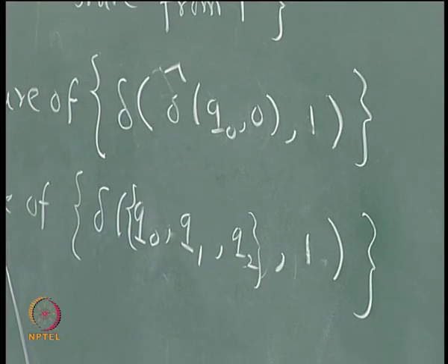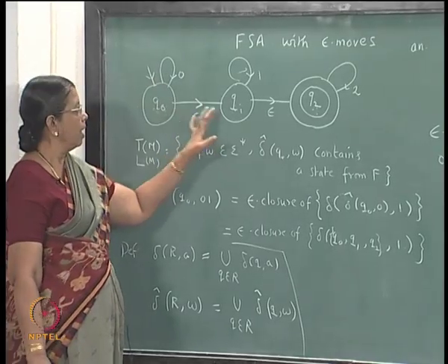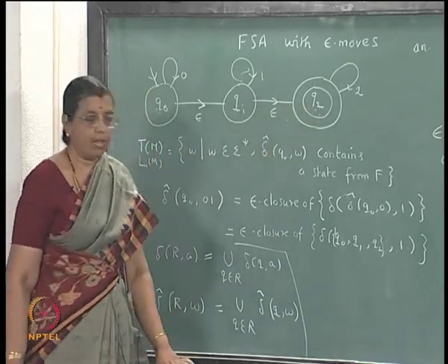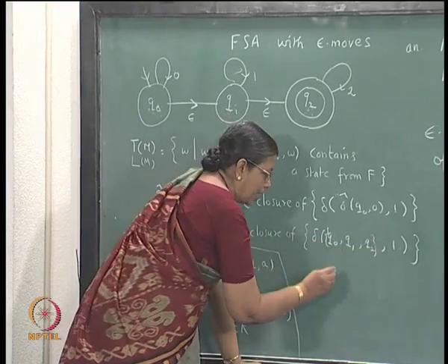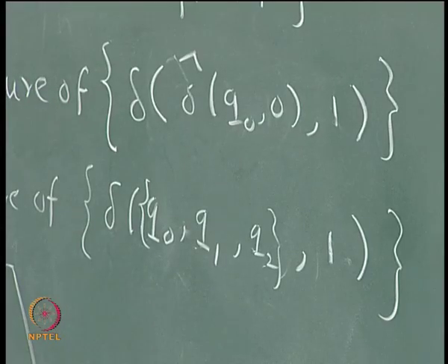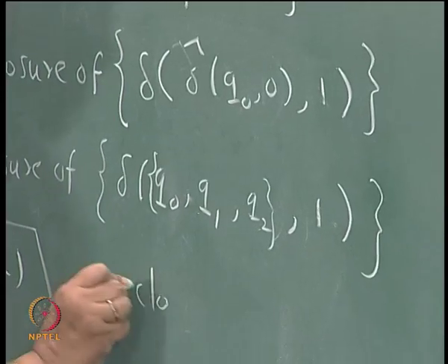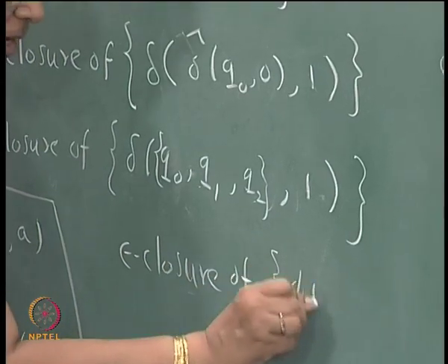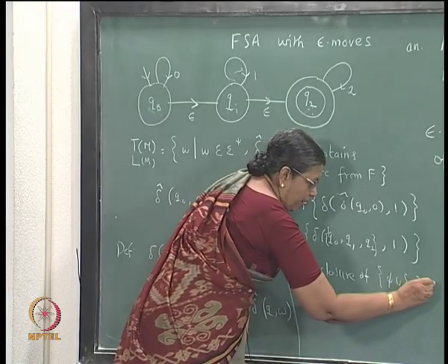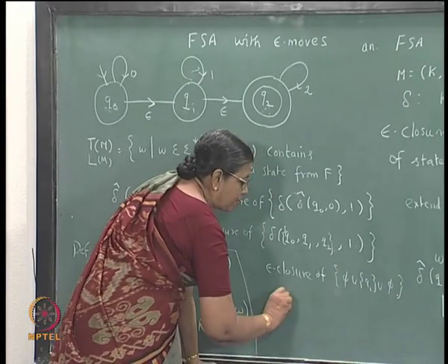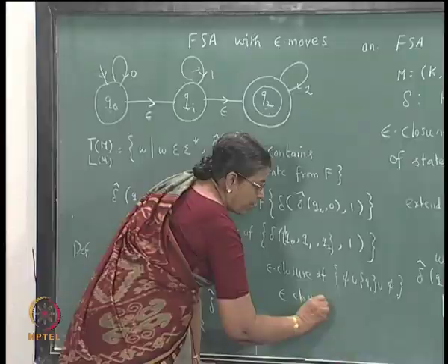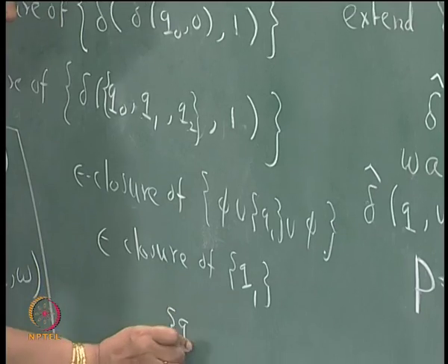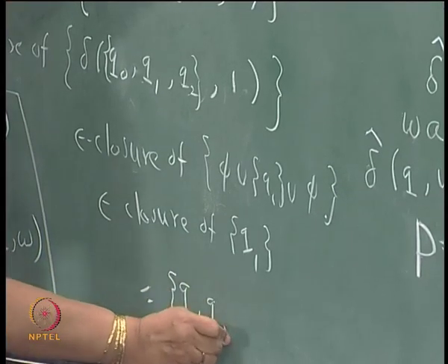But you find that delta of q naught 1 is empty, delta of q1 1 is q1, delta of q2 1 is also empty. So, from these 3 states, only one of them will lead you to a final one. So, that will be epsilon closure of phi union q1 union phi, that is epsilon closure of q1, and what is the epsilon closure of q1? That is equal to q1 q2.